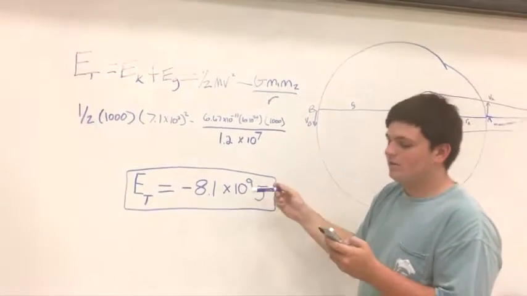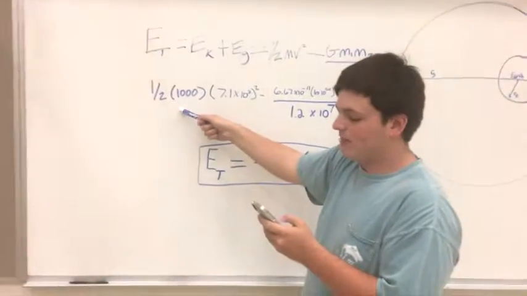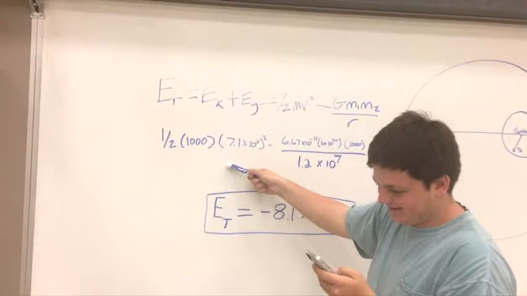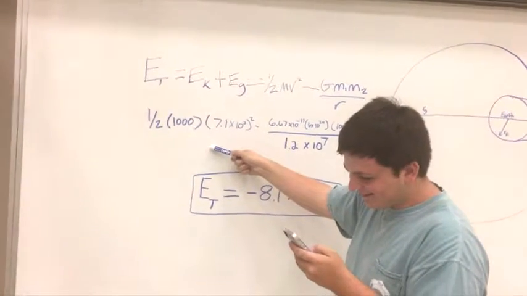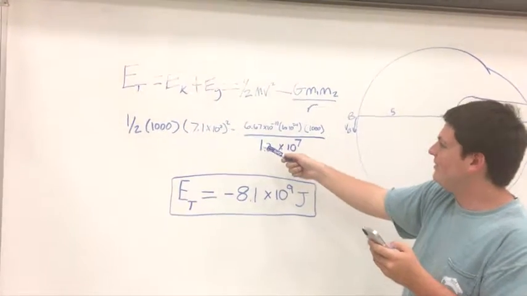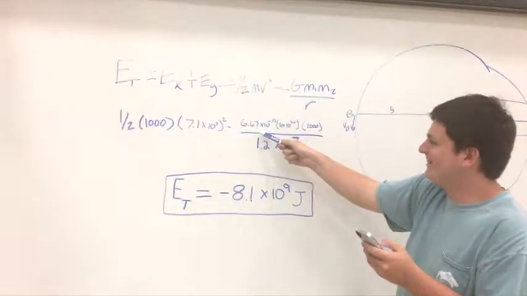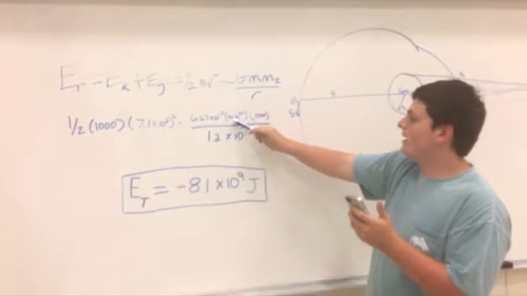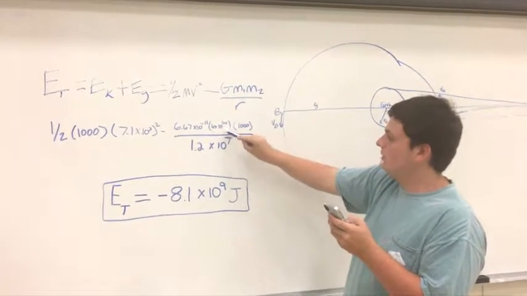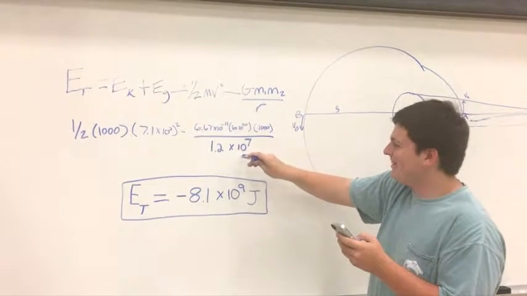So when we plug in the numbers here, we get half of the mass of the spacecraft times the velocity squared, which is then subtracted by the gravitational potential energy. That's the gravitational constant, the mass of the spaceship, and the mass of the Earth, divided by the radius.